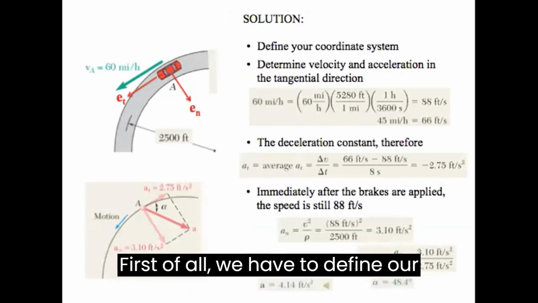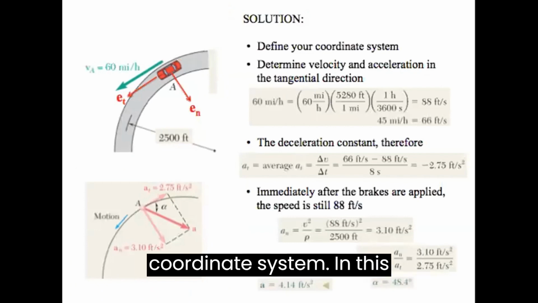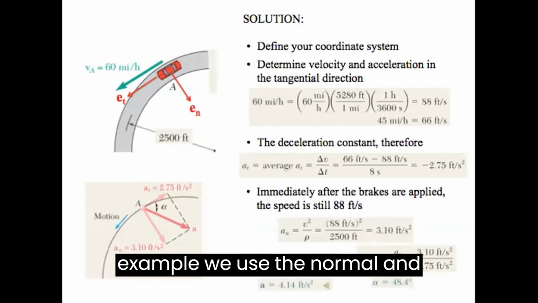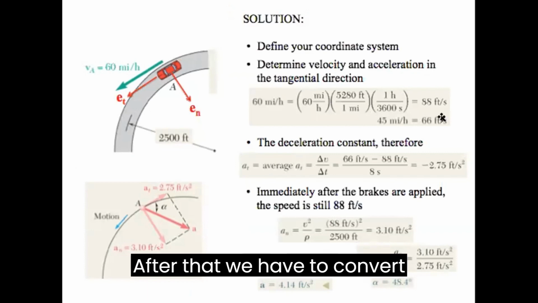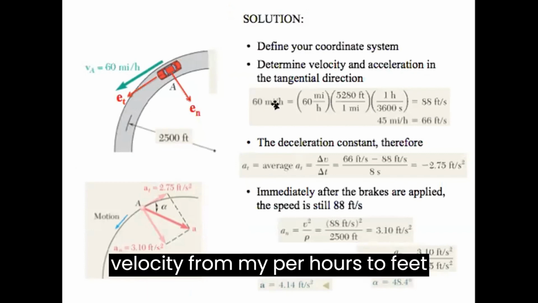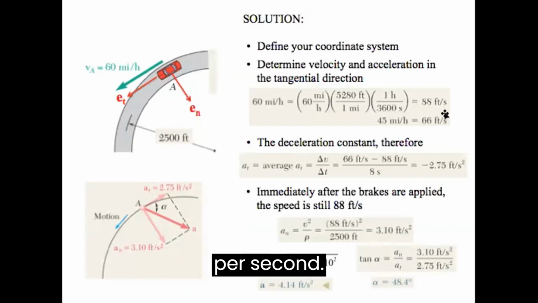First of all, we have to define our coordinate system. In this example, we use the normal and tangential coordinate system. After that, we have to convert velocity from miles per hour to feet per second.